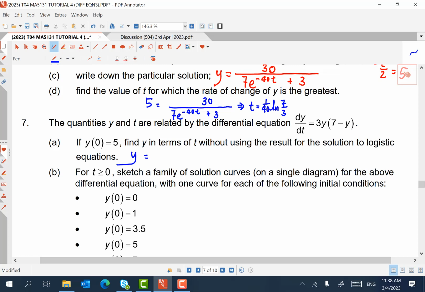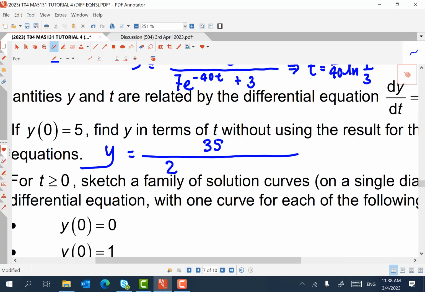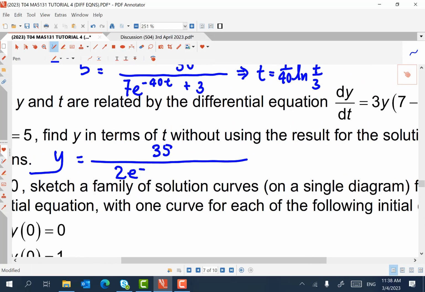Y naught is 5, L is 7, so I get 35 over 2.